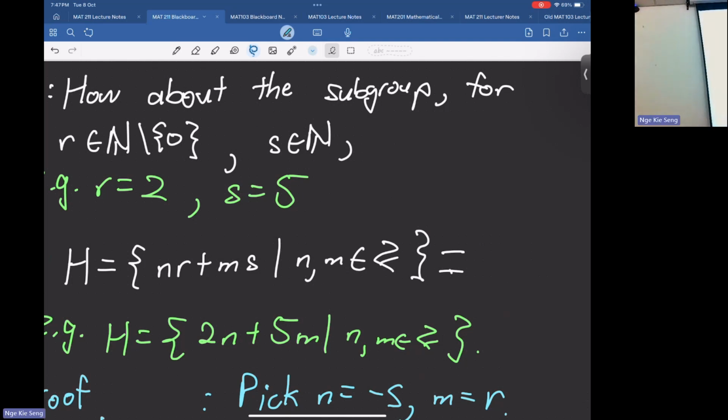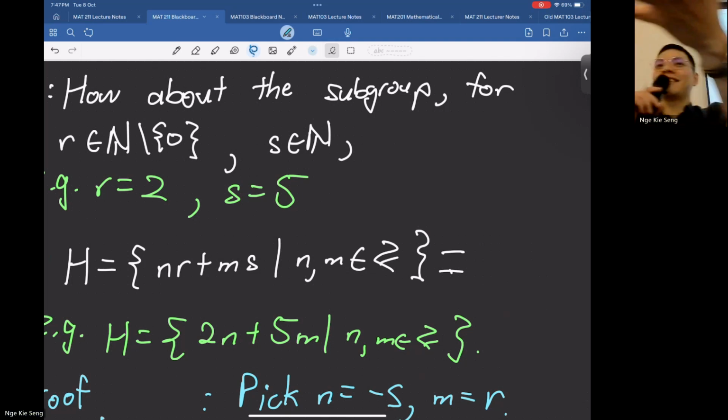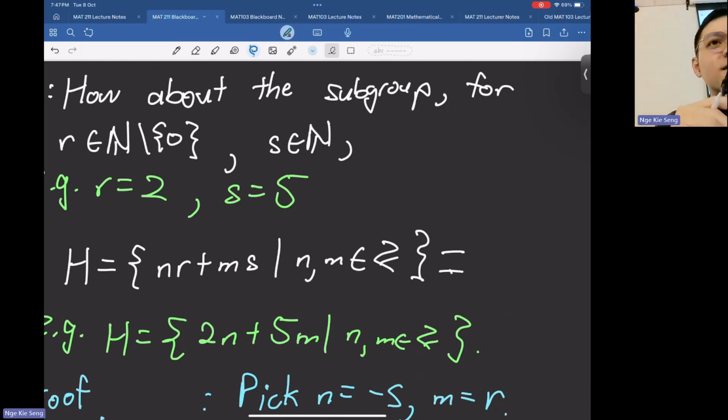In number theory, did you learn something or not? Discrete math doesn't have number theory. Divisibility. What do you learn after divisibility? Like GCD. What about GCD?